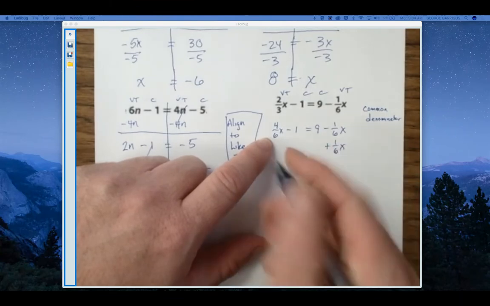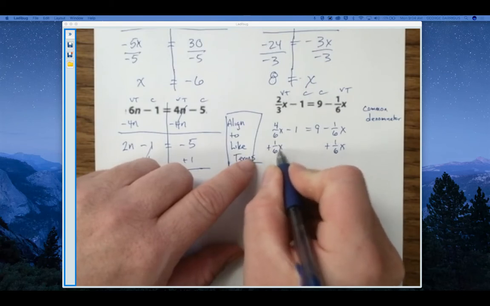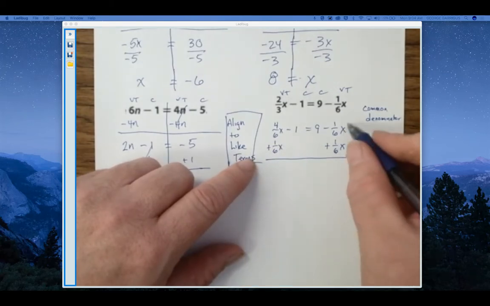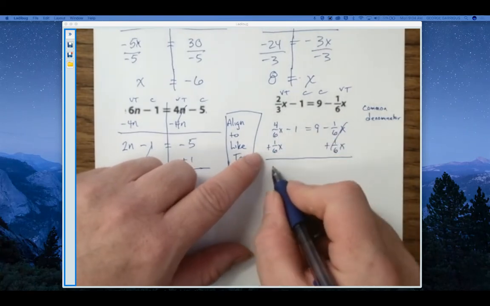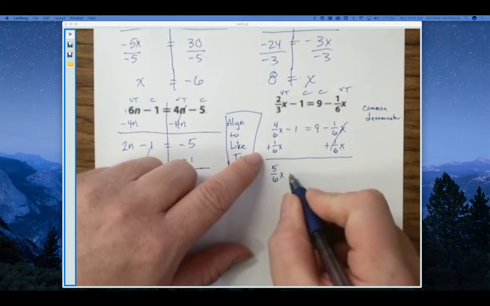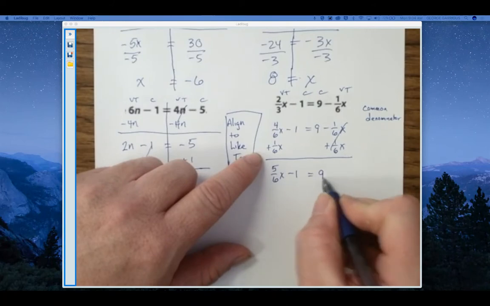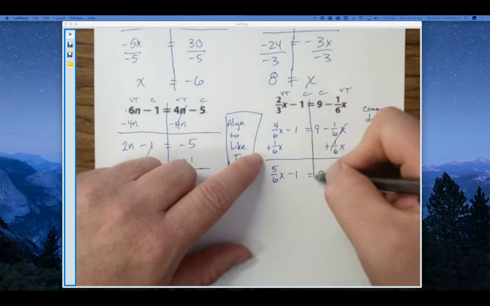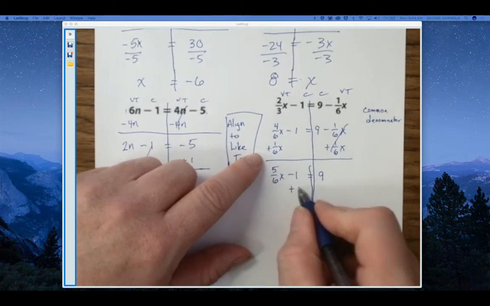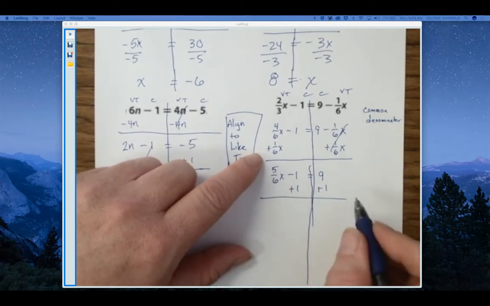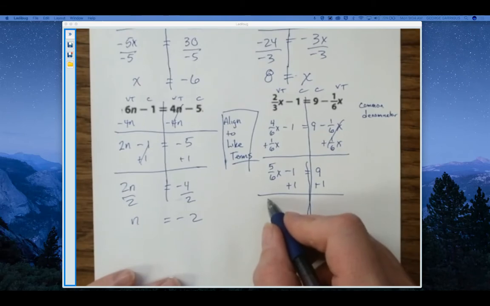It's the entire term. Add 1/6 x. That's gone. And I'm adding these together. That's 5/6 x minus 1 equals 9. Add 1 to both sides. Again, I do the additive inverse twice.